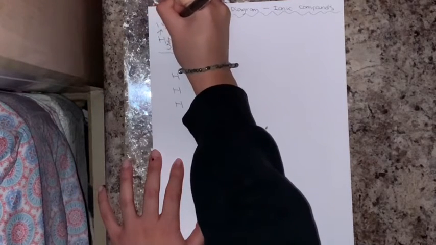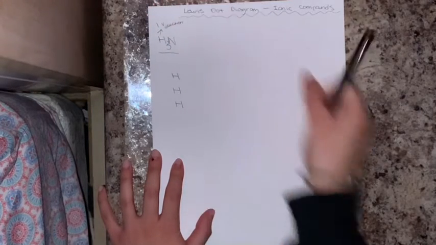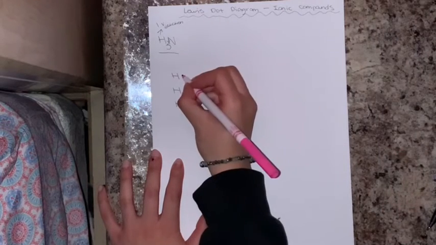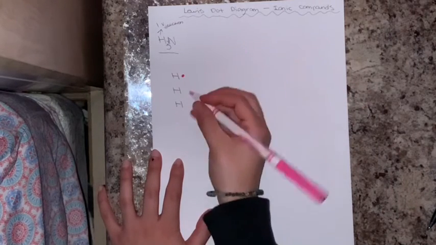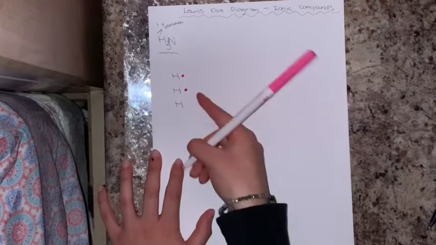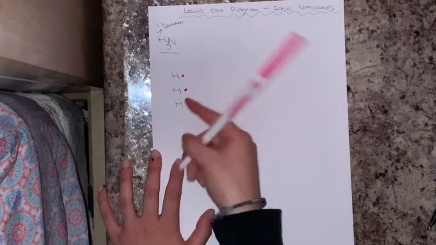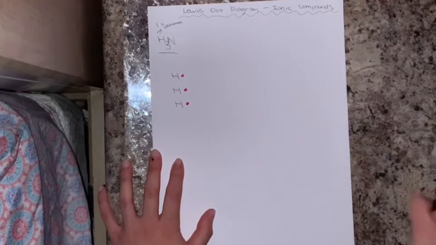And we know that hydrogen has 1 valence electron, so we're just going to draw 1 valence electron next to the chemical symbol for each symbol. There we go, so 1 on each H.